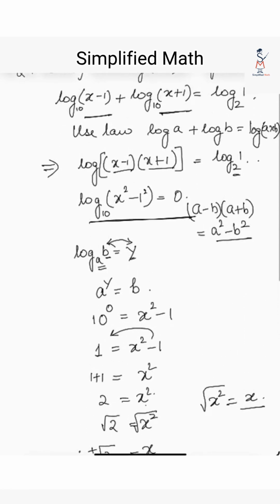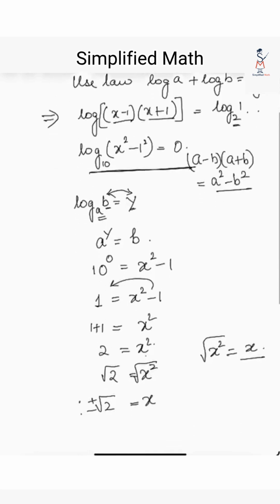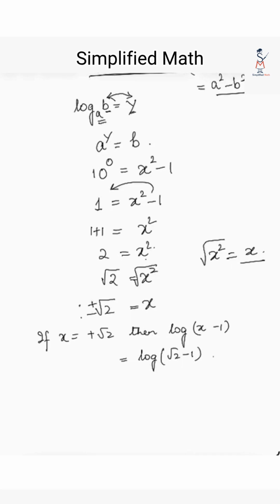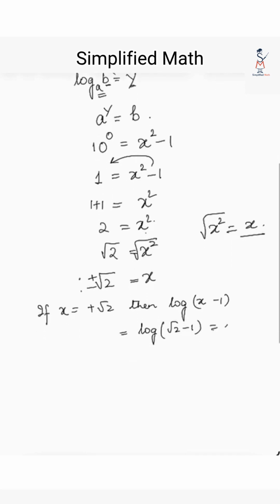What was my log? Let's take this log(x − 1). If x is plus root 2, then log(x − 1) will become log(root 2 − 1). And root 2 is 1.4. So the log will be of a positive number.